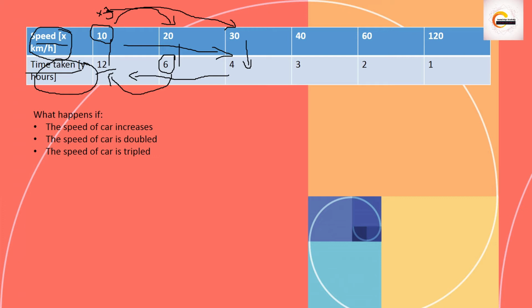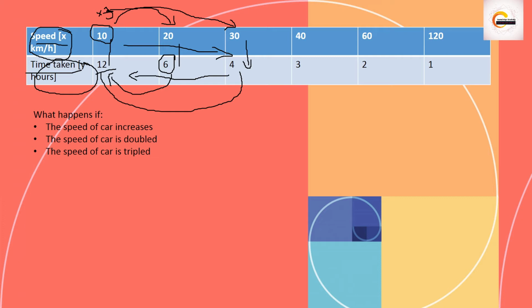So if the speed is tripled, what happens to its corresponding time? 12 divided by 3 is 4.